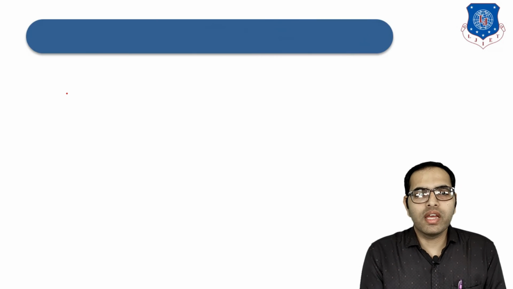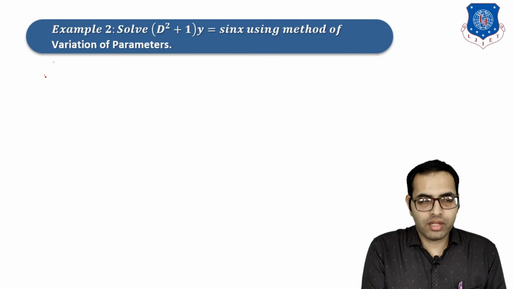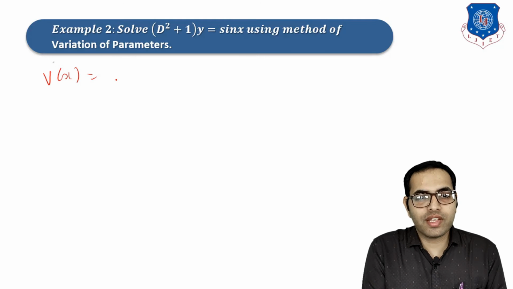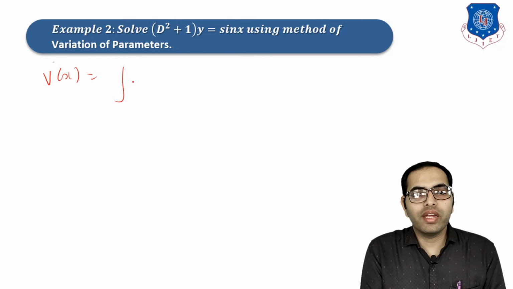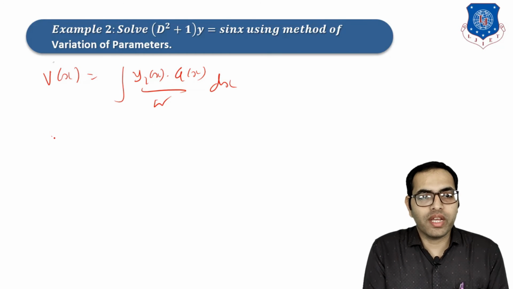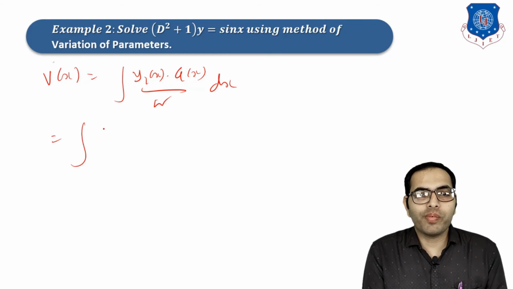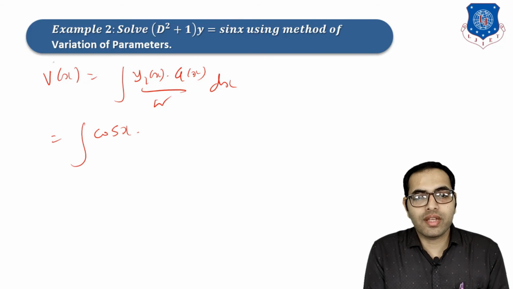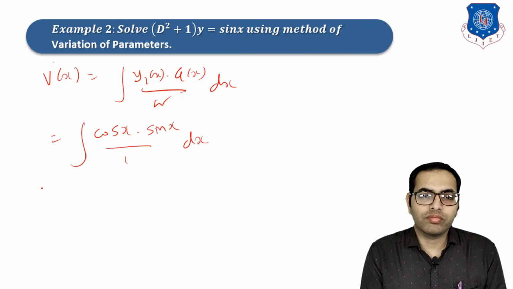Now finding the v of x, v of x equal to, we have the formula, integral of y1 of x into q of x upon W dx. Then y1 of x which is cos x, q of x which is sin x, W which is 1.